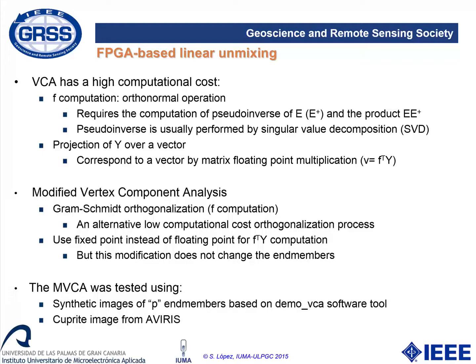So what we think is that this pixel can be found using a reduced precision operation, by using fixed point precision instead of floating point precision, because this will not change the position of the end member. Of course, when you deliver a new algorithm, you first have to test it and be sure that it not only has a lower computational cost, but also gives us in this case a similar unmixing performance to the original algorithm, the VCA.